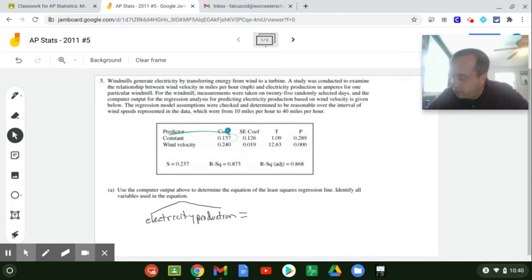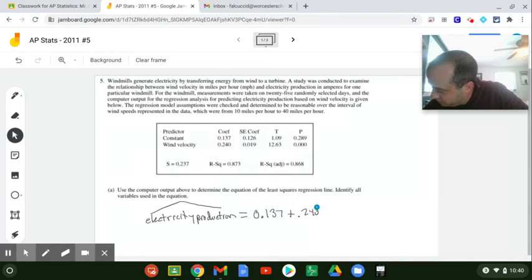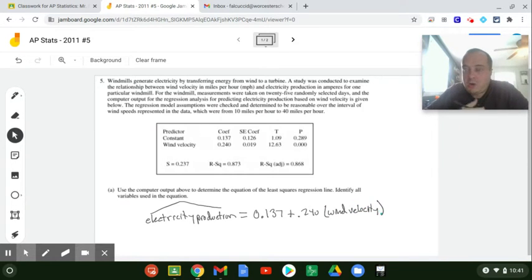So our coefficient for our constant right there, 0.137, plus 0.240 times wind velocity, with the slope that goes with it. And that's literally all you need right there. We've put our words in for our variables, so our equation is in context.